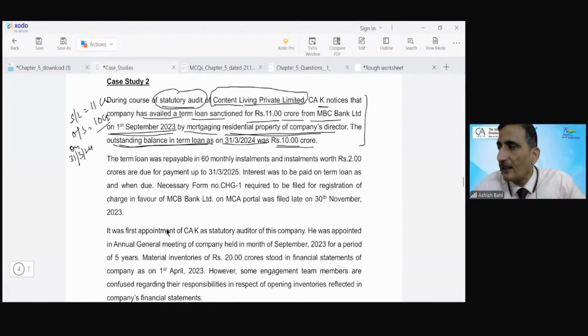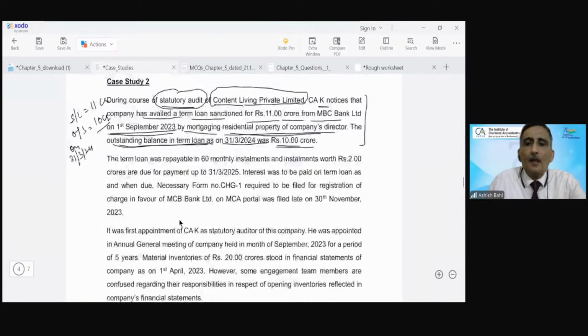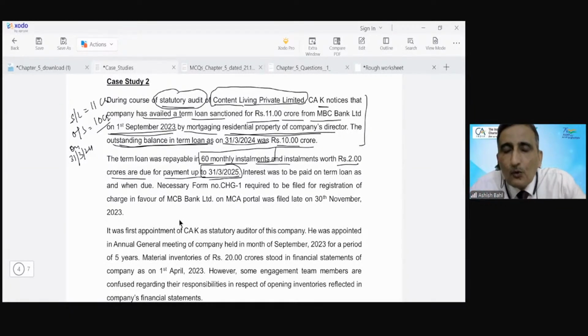These two figures are there. The term loan was repayable in 60 monthly installments. And installments worth rupees 2 CR are due for payment up to 31st March 25. So in next 12 months, 2 CR are payable.